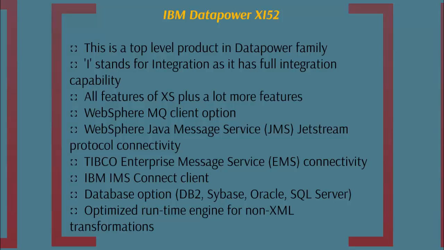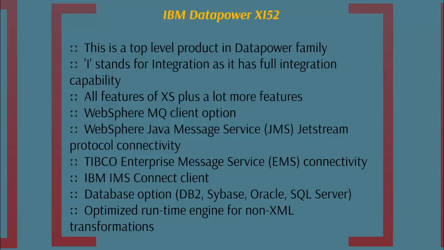So if you are dealing with a scenario in which such XML to non-XML transformation is required at a large scale, then the XI52 box is something you need to consider. It has built-in support for such transformation, and that happens with the proprietary format of the Datapower, which is called JSONx.